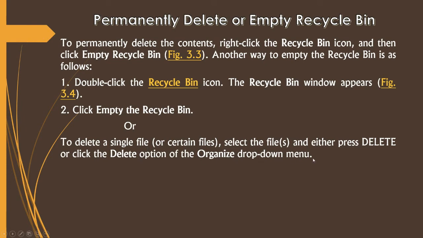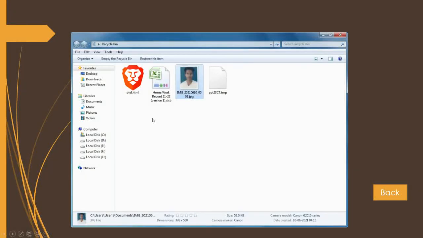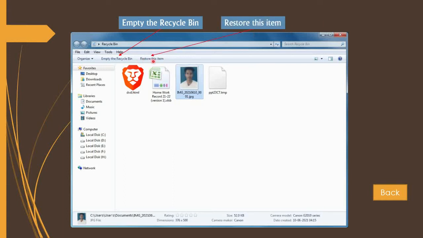Okay? And you can also recover it. How can you recover it? That also I will show you now. You can see, if you want to delete or empty the recycle bin, you just click on this empty recycle bin icon. And if you want to restore this item, you just click on this, restore this item.